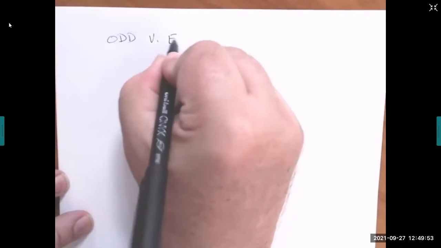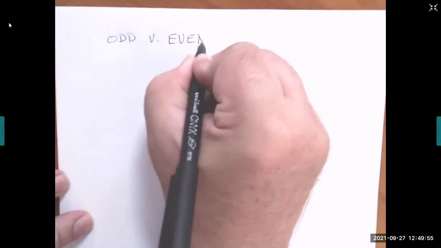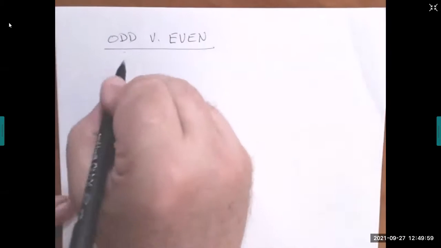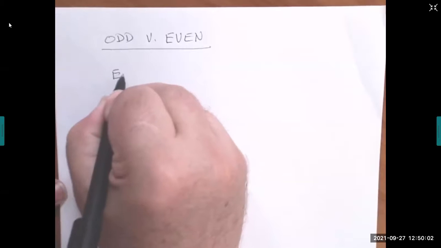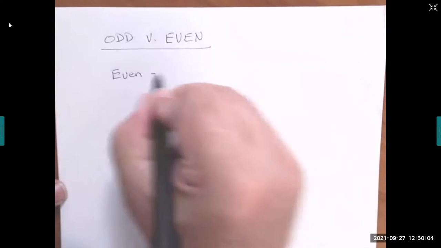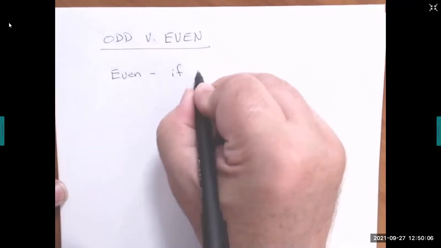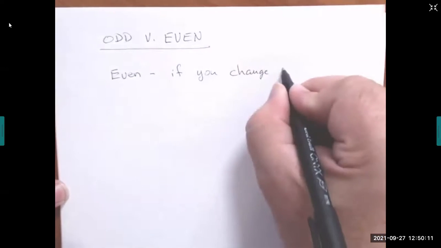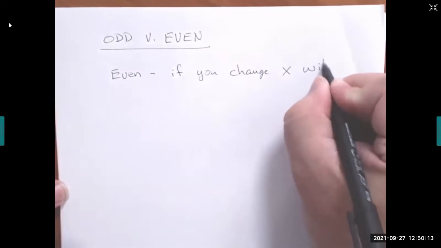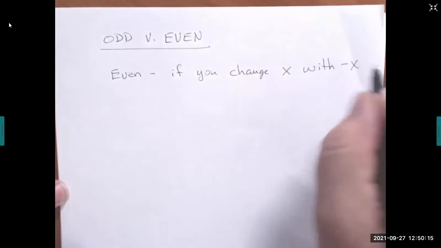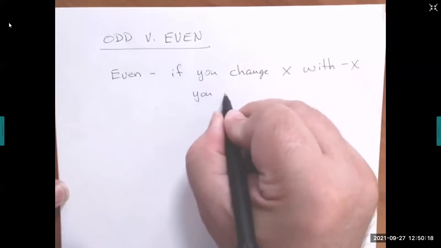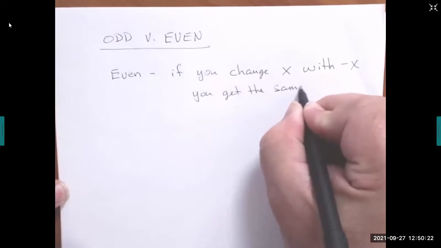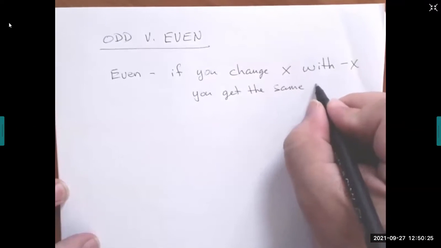Odd versus even functions. A function is even if you change x with negative x, you get the same function.